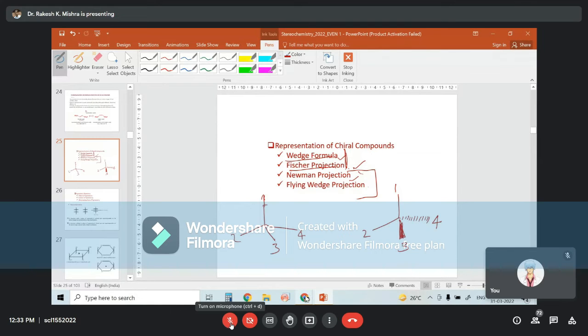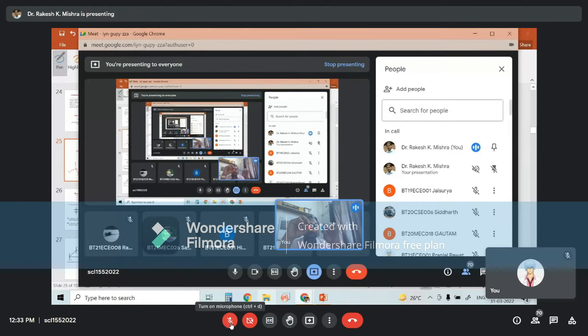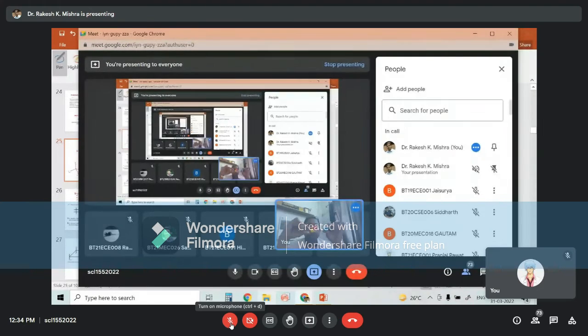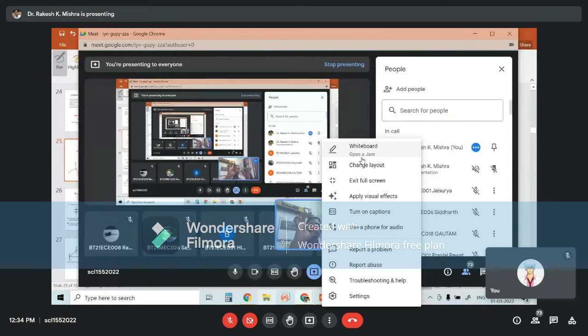So I will show you here. This way, these things you have to represent in the 2D sheets. Now you have to choose any axis, that is, the one plane you have to decide. So I am deciding white towards black and through black to this color, ocean blue. This plane I am deciding. This is the plane, and now this red is towards you and this yellow is on the back side of this plane.